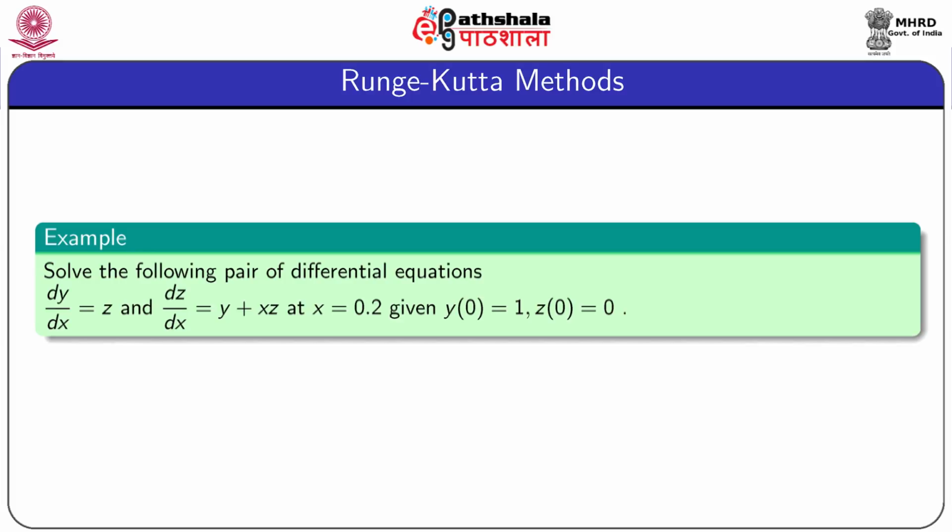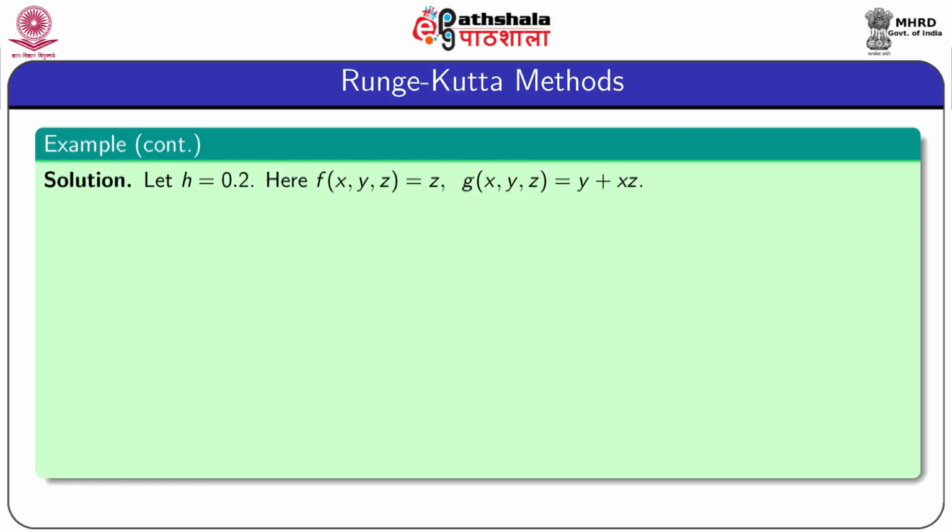Now, we consider a pair of first order differential equations dy/dx equal to z and dz/dx equal to y plus xz. This is the pair of first order differential equations with initial conditions y at 0 equal to 1 and z at 0 equal to 0. That means the value of x equal to 0, y equal to 1 and z equal to 0. Our problem is to find the values of y and z at x equal to 0.2.